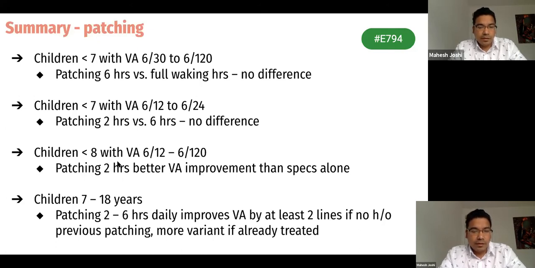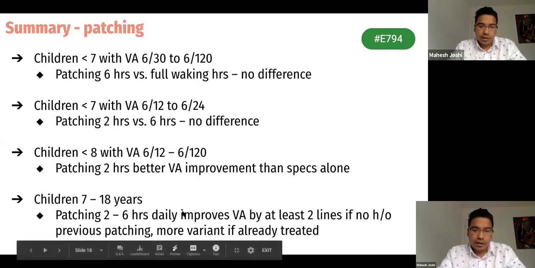And for children less than 8 years of age with any kind of amblyopia, 2 hours of patching improves visual acuity better than glasses alone after the refractive adaptation has been completed, right? So this again points to the importance of first waiting for refractive adaptation, then following that up with the right amount of patching, either 2 hours or 6 hours or 4 hours, depending upon the severity of the amblyopia.